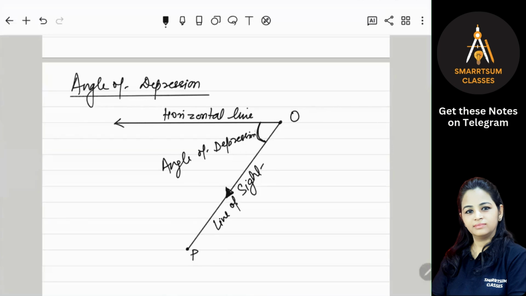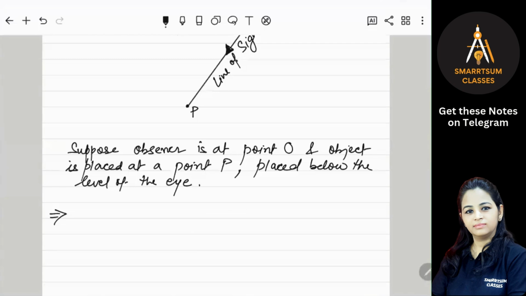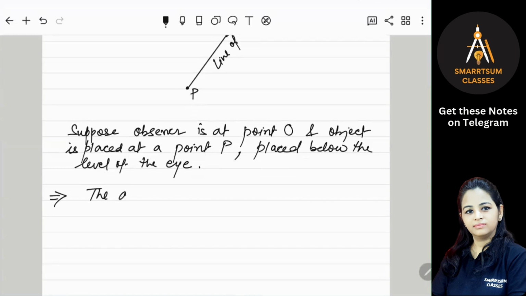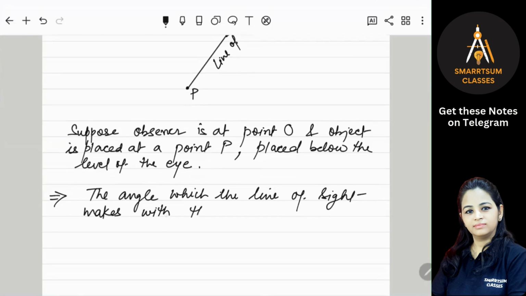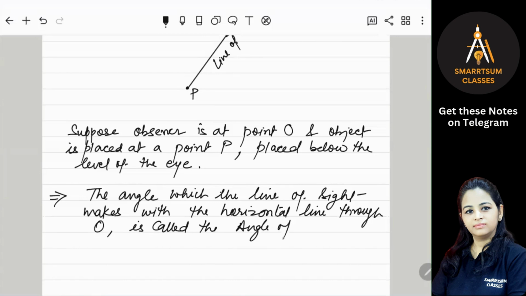So you can write down: the angle which the line of sight makes with the horizontal line through O is called the angle of depression.